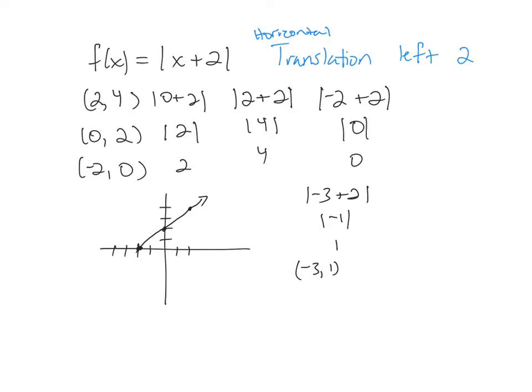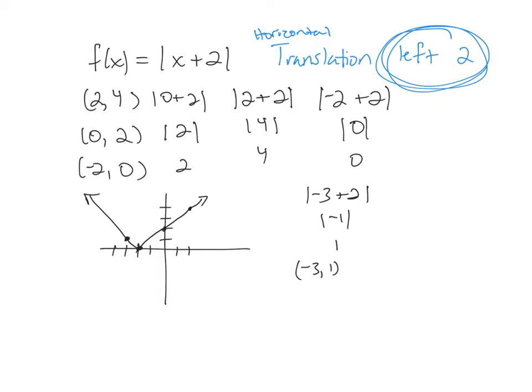So negative 3, positive 1, and now it bounced back up. So I'm going to be pretty confident. So it still looks like the V, but if you notice, it went to the left 2, even though it said plus 2 on the inside. Okay, it's the opposite. So there's kind of a visual of why that worked.